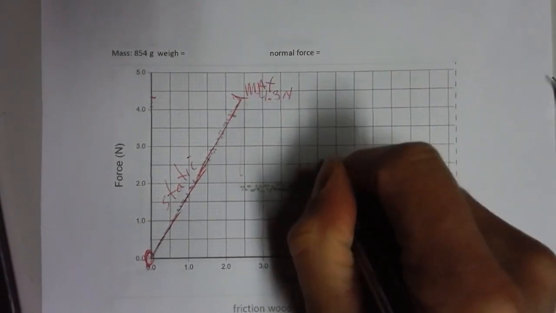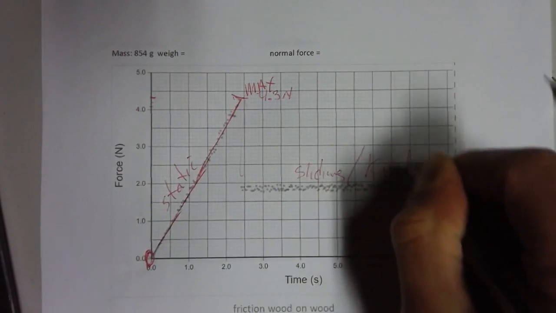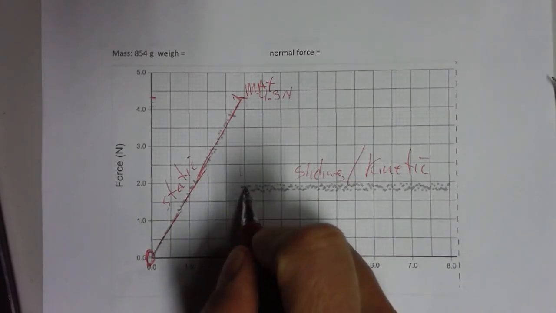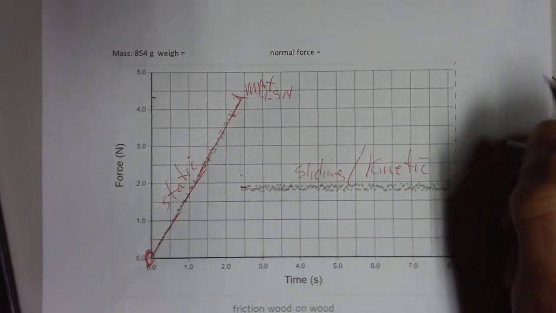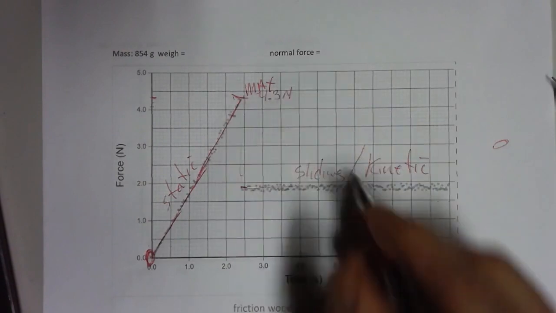This is sliding or kinetic friction. And it's a range, it catches due to irregularities. So sometimes it catches, it releases, catches, it releases. So it's a range, but it's generally in the middle of that. And it's constant, where static can vary from 0 up to a maximum.